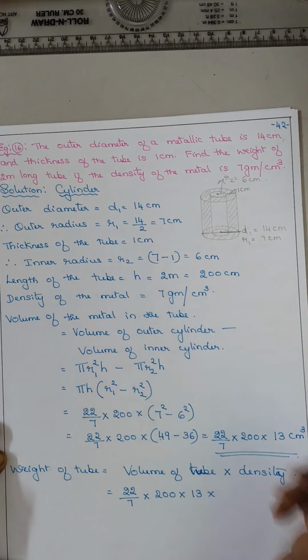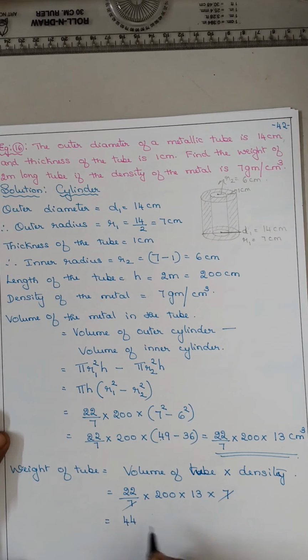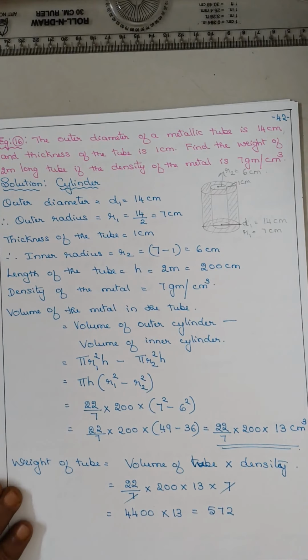Density कितना बोले हैं? 7. अभी मालूम पड़ा? 7 cancelled. Now it is 22, 2 twos are 44, 2 zeros, into 13. When you multiply, it will be 572. 44 into 13, you will get 572 and 2 zeros. It is gram per centimeter cube, so weight will be in gram.